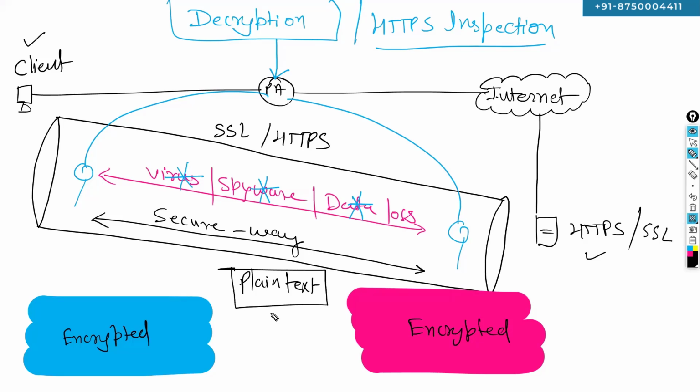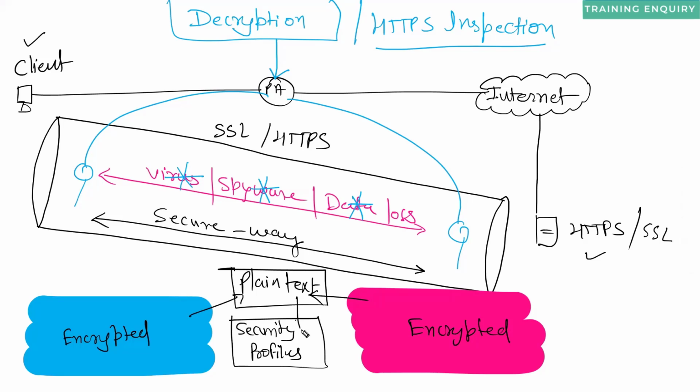And that plain text data we can filter through security profiles. With the help of security profiles, we will filter that plain text data and we can send that data in or out. Now, this thing should be clear that without decryption, the client can bypass our firewall.